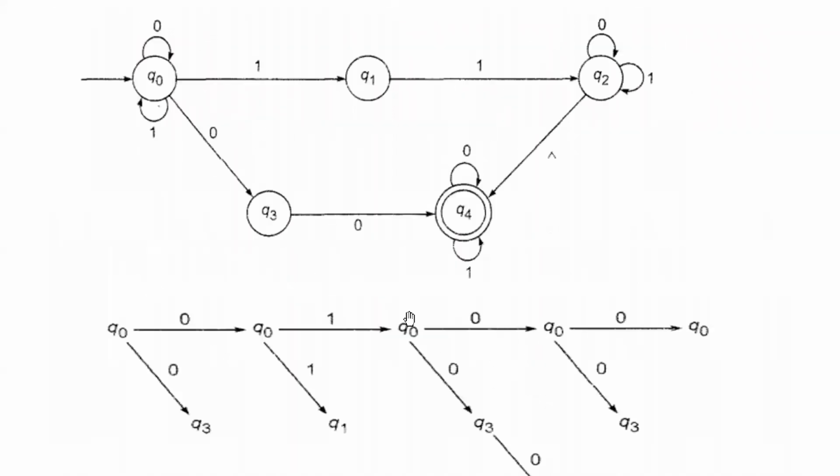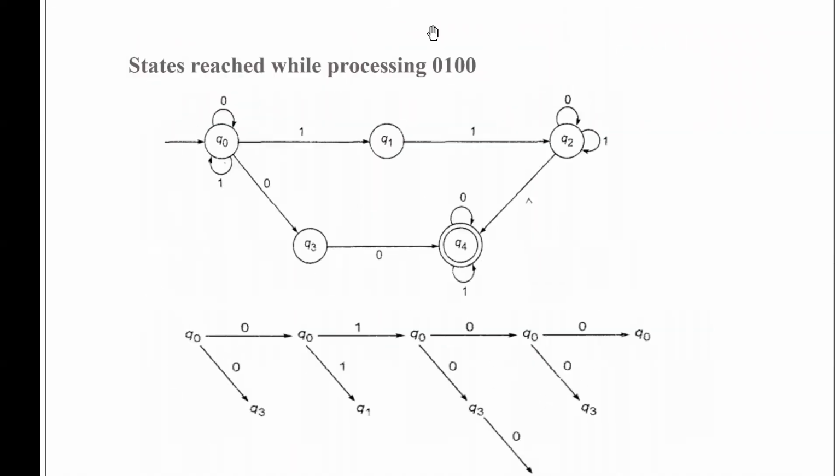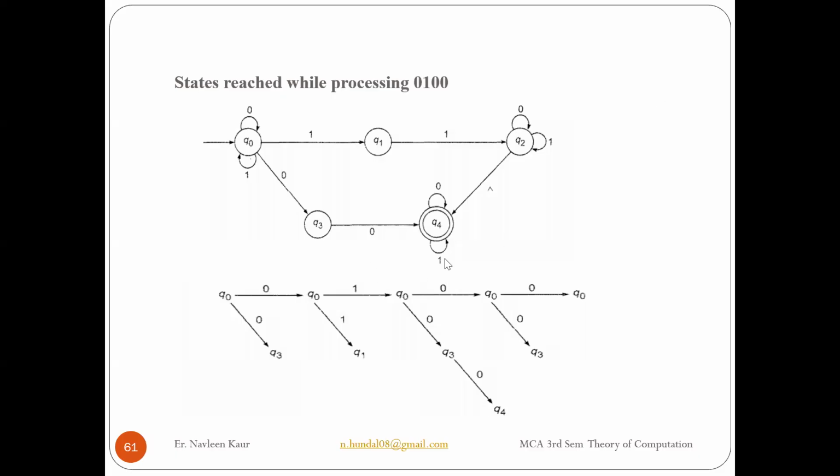I will send this PPT. With this, I am about to end this class, and I will share the PPT with you, and you should start doing it on your own and see what's the difference between deterministic and non-deterministic finite automata.